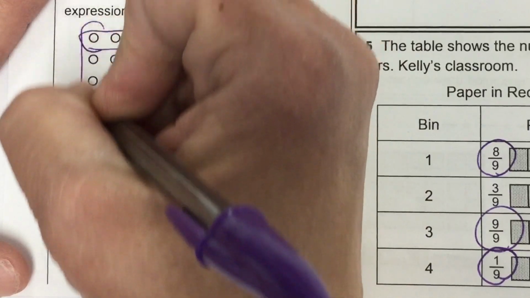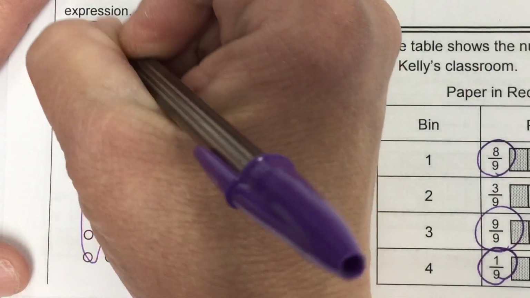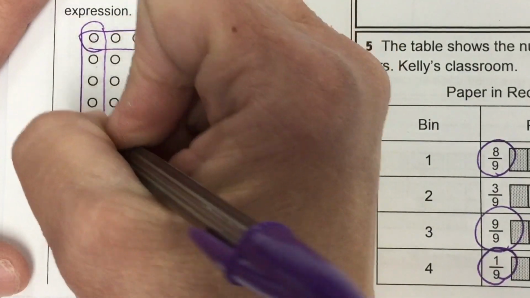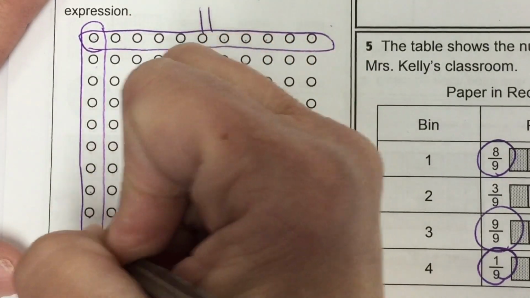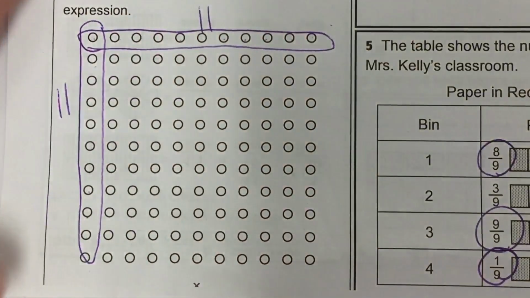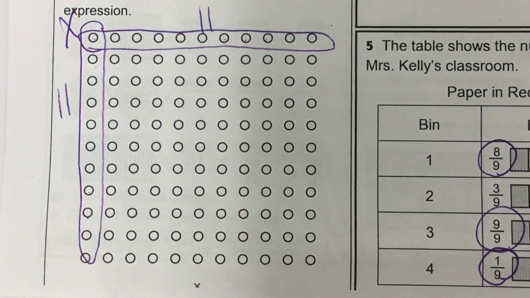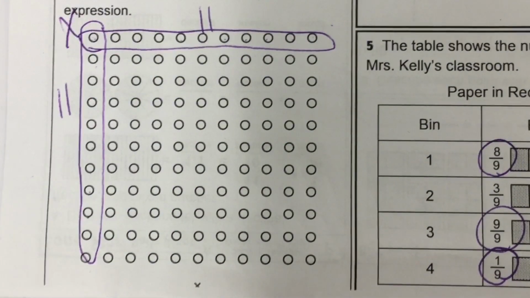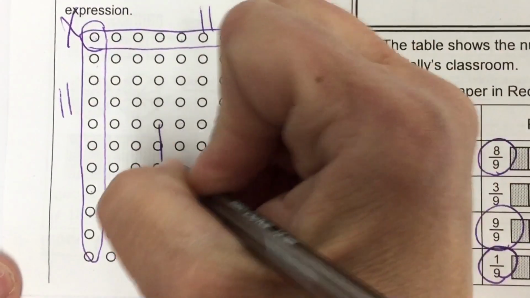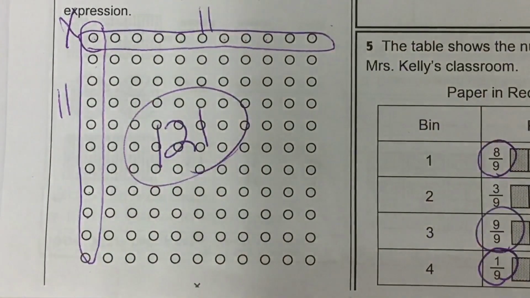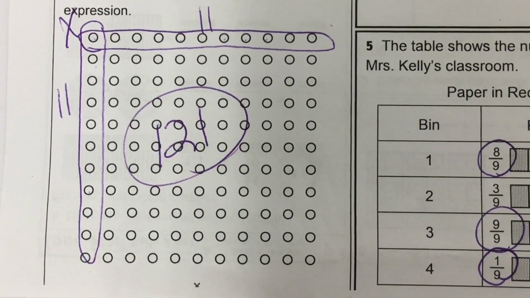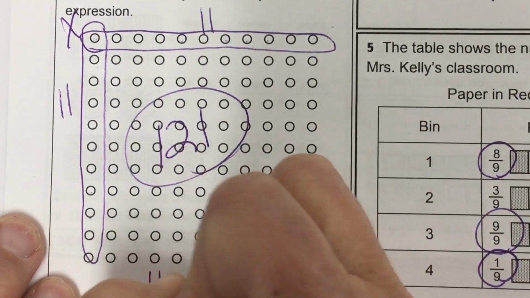And then vertically, I'm going to count and see how many are going down. 1, 2, 3, 4, 5, 6, 7, 8, 9, 10, 11. And that would be a multiplication sentence. 11 times 11. Okay, and if you do 11 times 11, that's 121. So there's 121 circles, and the array is 11 times 11.